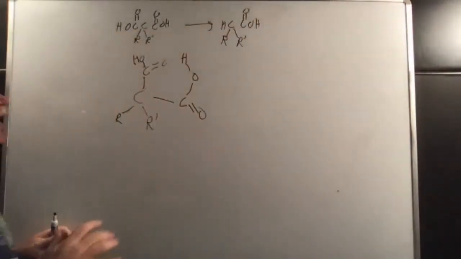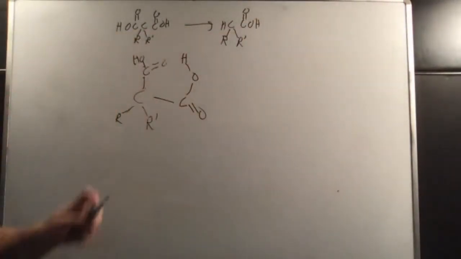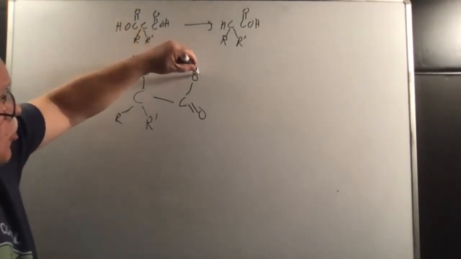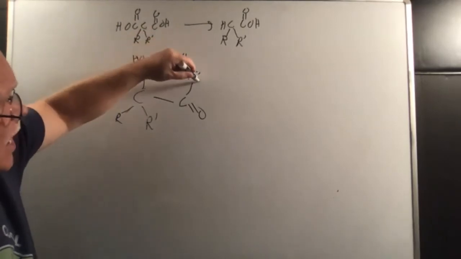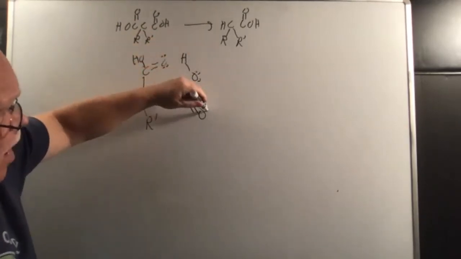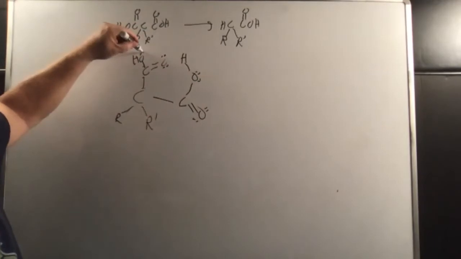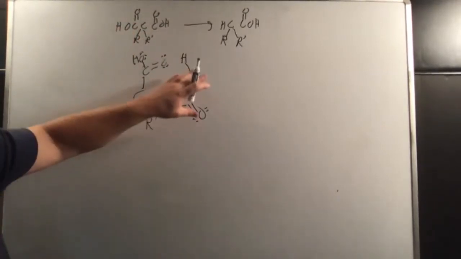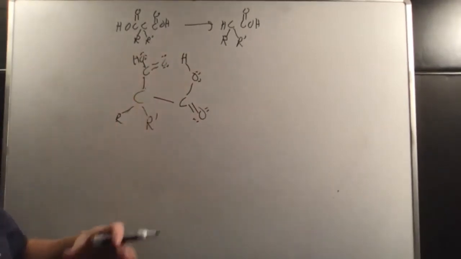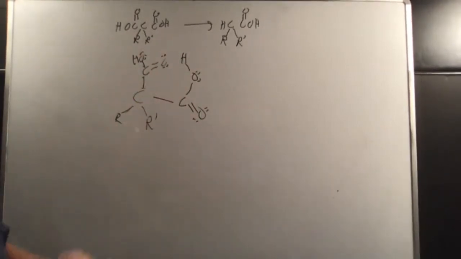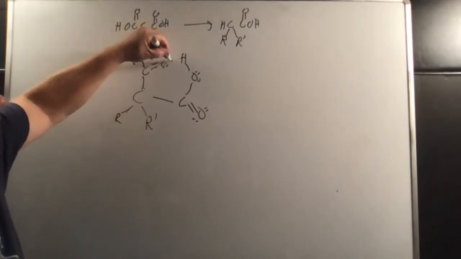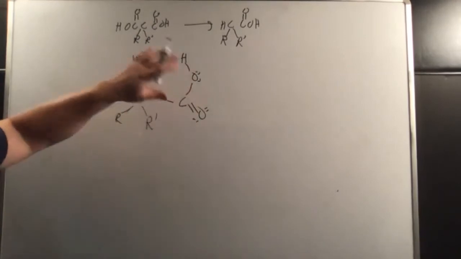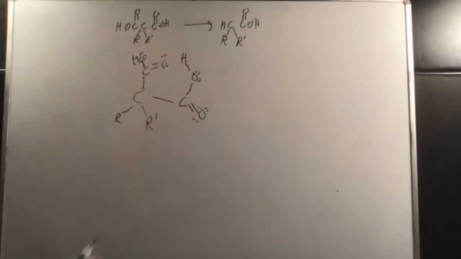I've written it in a ring structure, and it actually exists in this ring structure. Normally, this would not be a good conformation for this molecule, because in this conformation, the molecule is sterically bumping into itself. But this hydrogen can hydrogen bond with that oxygen. So this forms this six-membered ring intermediate.